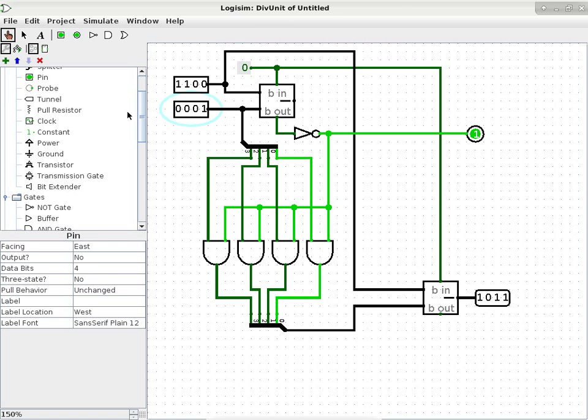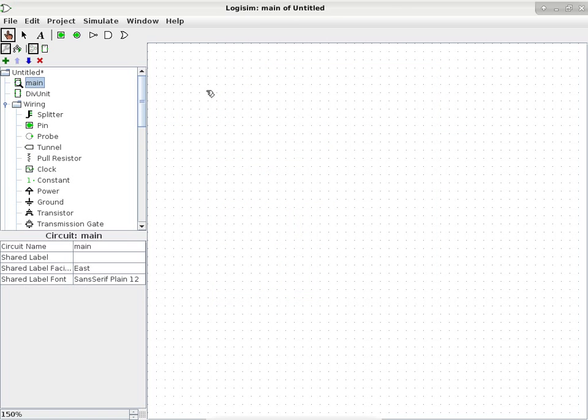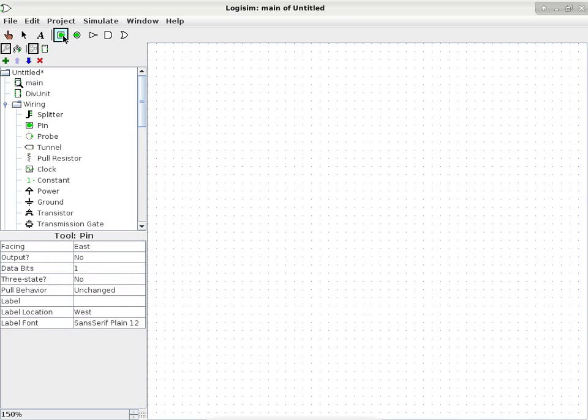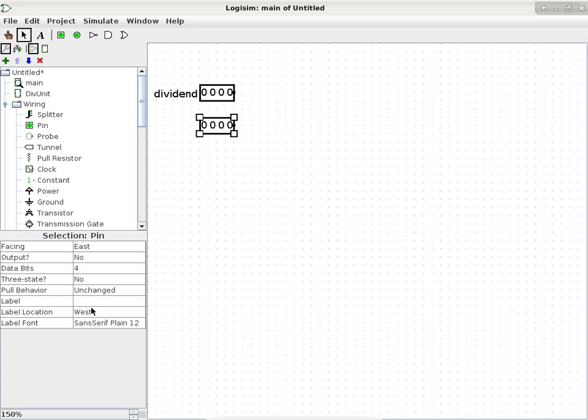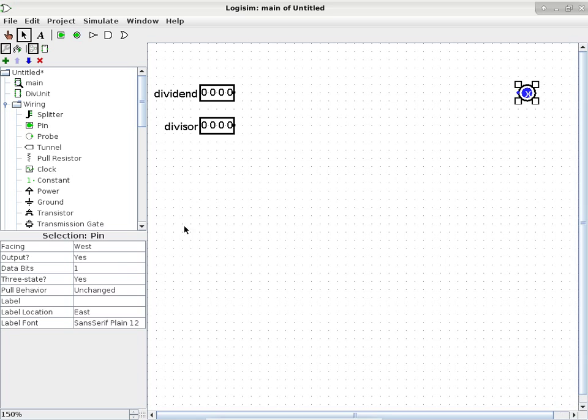All right, so now we can go back to the main design and say, okay, now we want to carry out a 4-bit by 4-bit division. So once again, we need pins. This one is 4-bit, the other one is 4-bit too, and I'll label this one dividend, which is one of the inputs, and this one's going to be my divisor, 4-bit wide. And the output is going to be, there are 2 outputs, both are 4-bit wide.